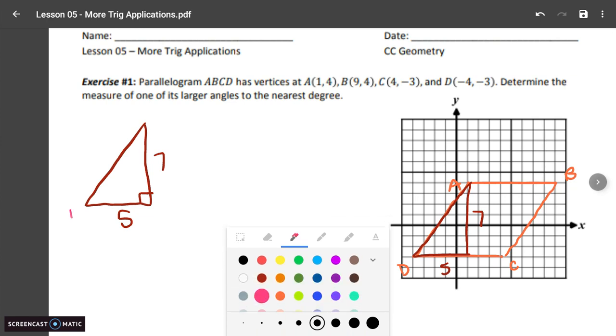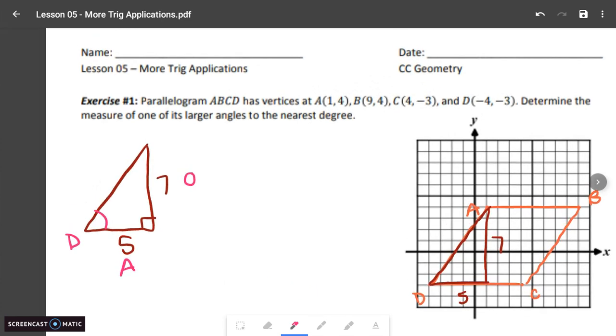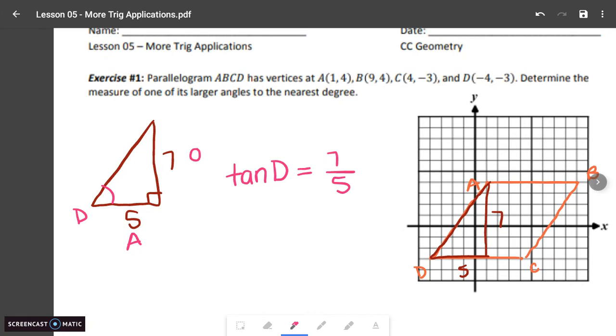I'm going to find angle D here. So if I'm going to find angle D, 7 is the opposite side while 5 is the adjacent. So we're going to use tangent. Tangent of D is equal to 7/5. So remember, when you're looking for an angle, we do the inverse of the trig function in the calculator.